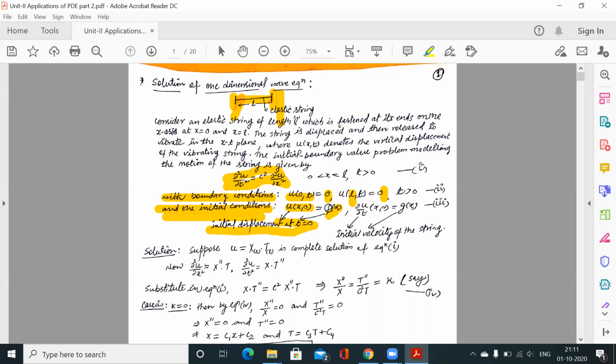Either it is 0, means we can start vibrating the string without any vibration in the string. And this is the initial velocity of the string, means initially is it at rest, or does it already have some vibrations.